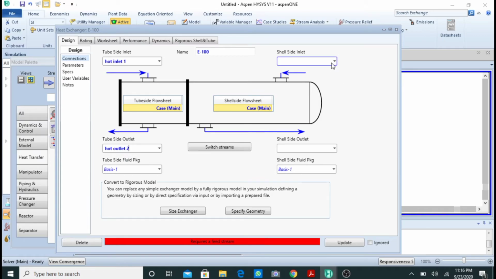This is our shell side, so I will name it cold in, and this I can say as cold out. Now I will go to the worksheet directly.